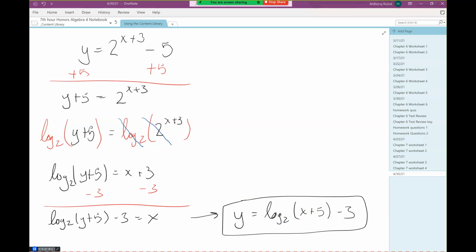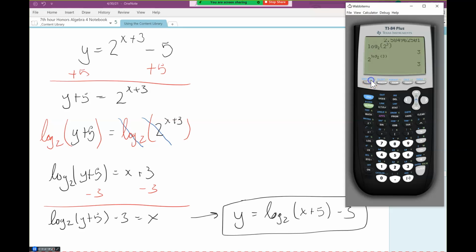Let's just kind of verify that visually, right? I know when I look at the graph of a function and its inverse, they should look like they're reflections across the line y equals x. So let's just kind of do that. There's the original.